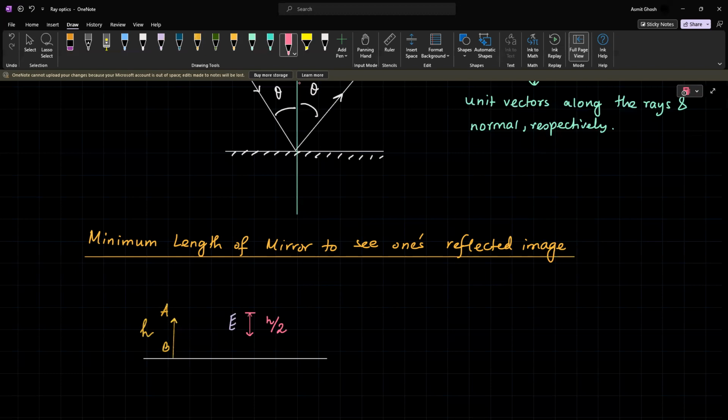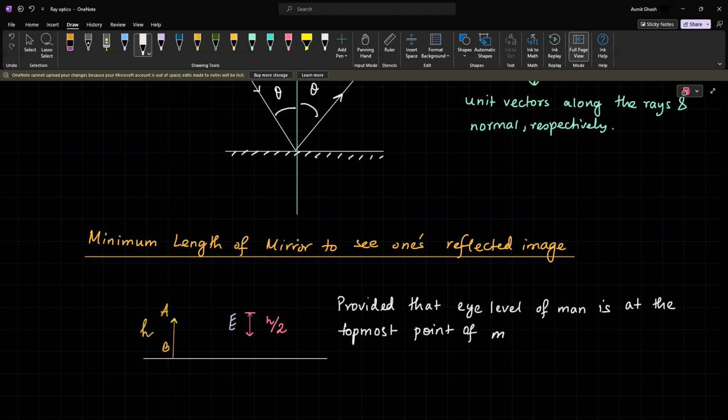The length of the mirror should be half of the height of the man, provided that the eye level of the man is at the topmost point of the mirror, and also the eye level is at A. So the eye is over here, which is actually not a very practical situation, but we consider it like that. Okay.